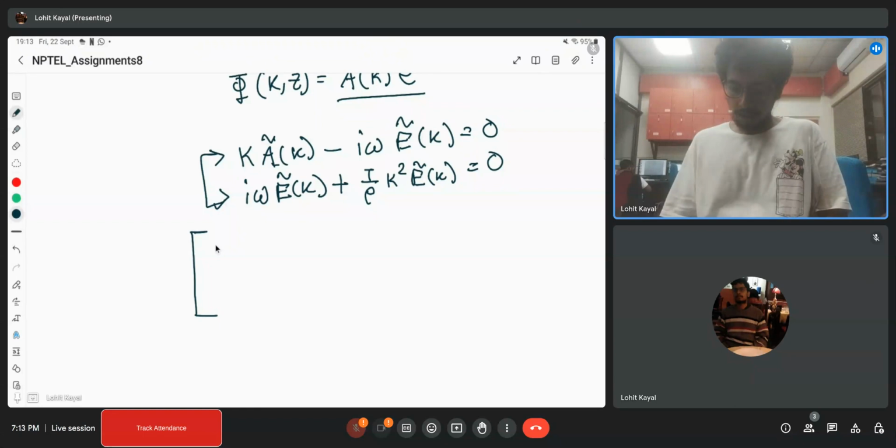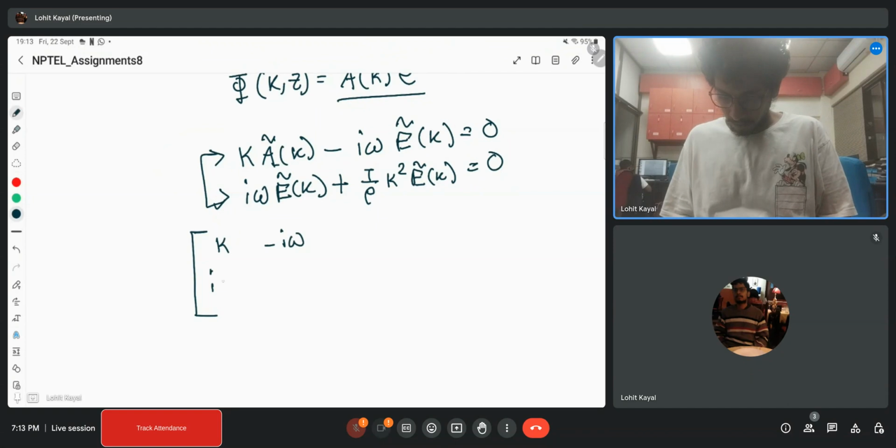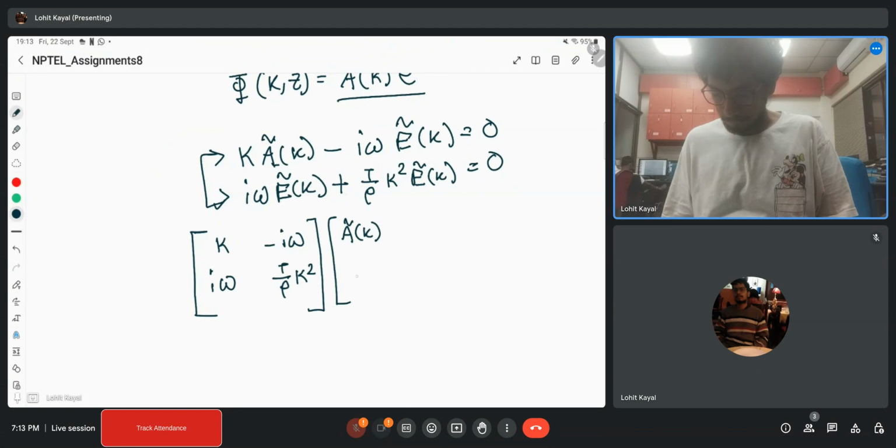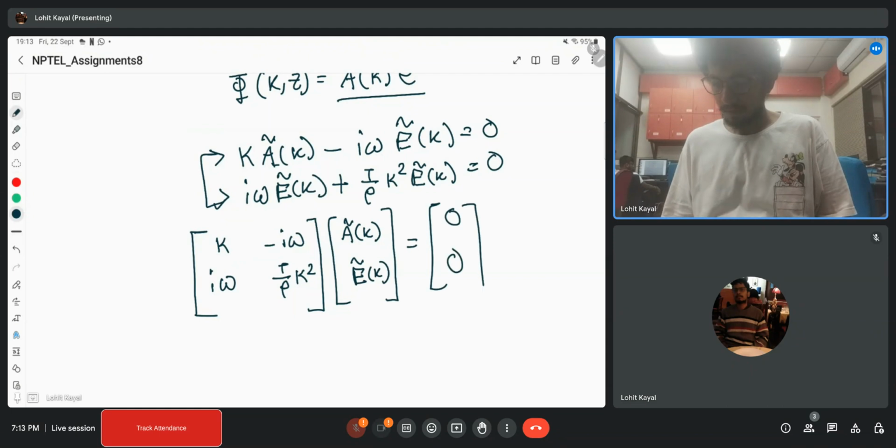In the matrix form, you can write it like this: k, minus i omega, i omega, p by rho k square, equal to 0, 0.